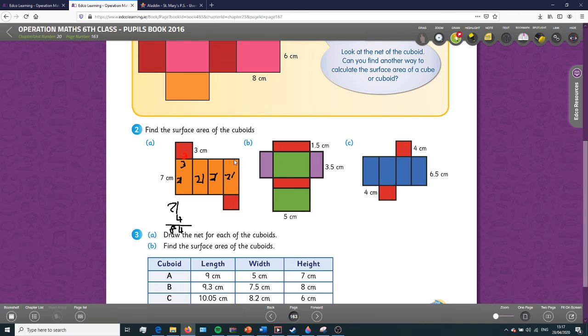Now, we're not finished because we've done the rectangles, but now we need to do the squares. Okay, so squares are 3. Well, it's going to be 3 times 3. 3 times 3 is 9. So this is going to be 9. Well, 9 times 2, or 9 and 9, is 18.